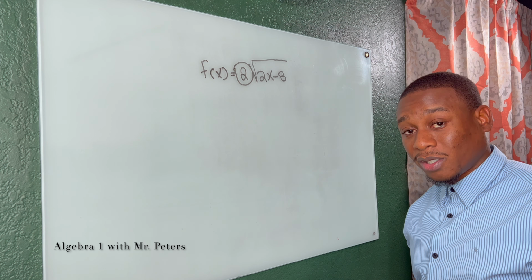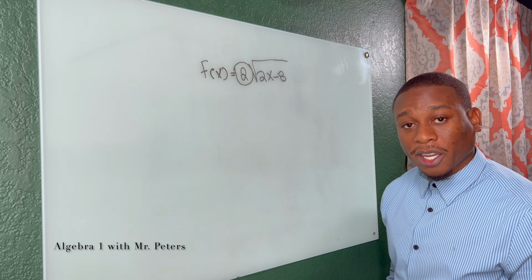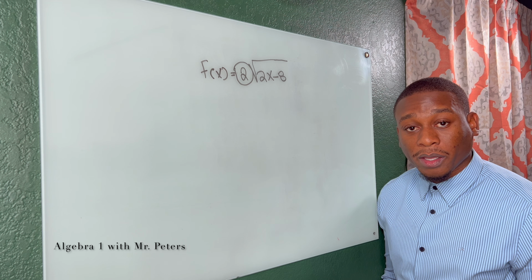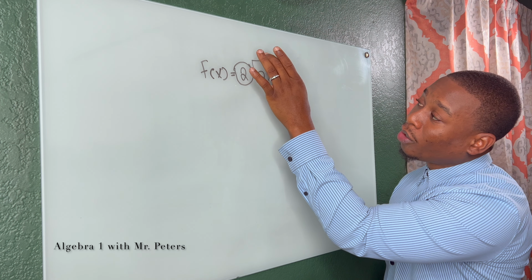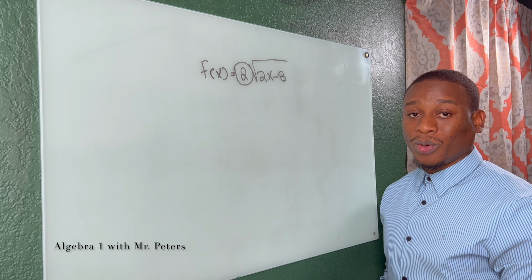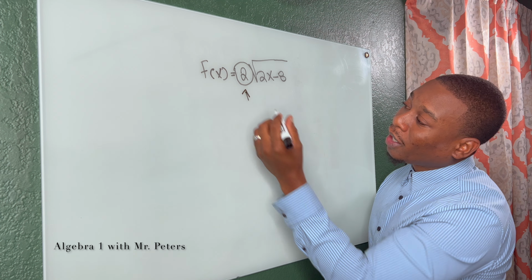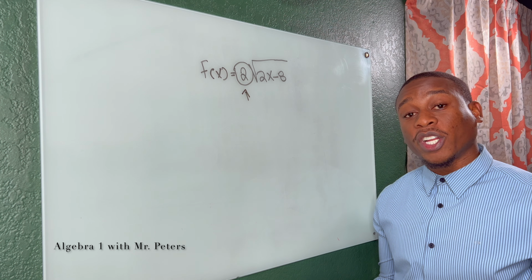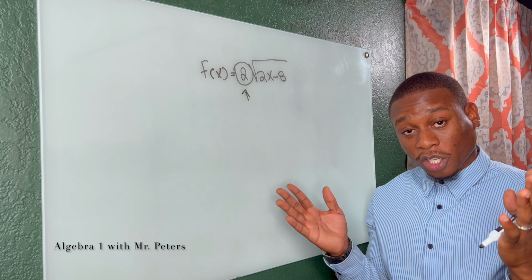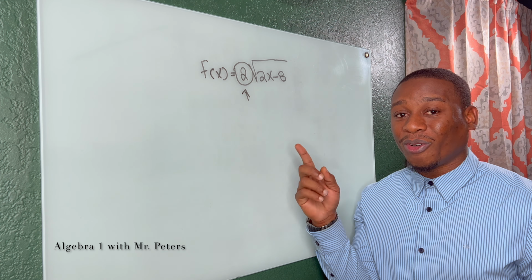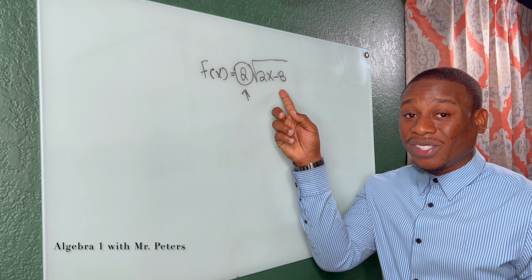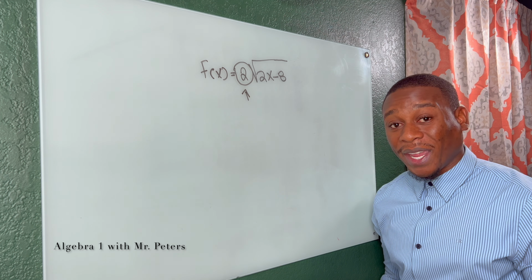Guys, I want you to understand that that's not going to change the domain, okay? You would still focus on what's under the radical and set that greater than or equal to 0. This is kind of like a stretch or compress, it's going to stretch or compress the graph. So don't fall for this trick. If they put a number in front of the radical, you're still going to set it greater than or equal to 0 and figure out what your domain is.